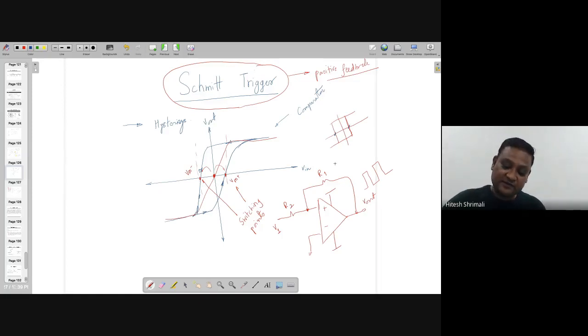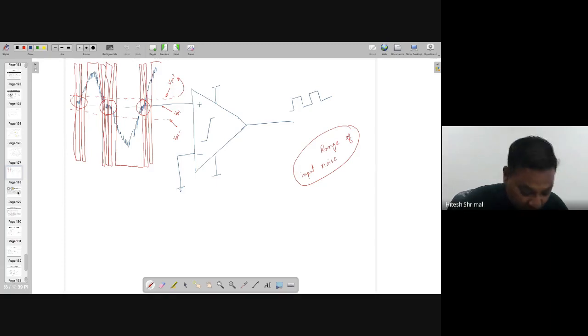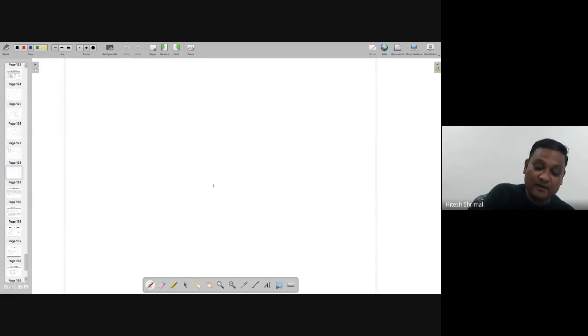So the same thing I can do when it's a Schmitt trigger. Either you take this one, or as I told you, use something where it's a positive feedback. So where we are using this positive feedback, let's assume I have a circuit which looks like this one.